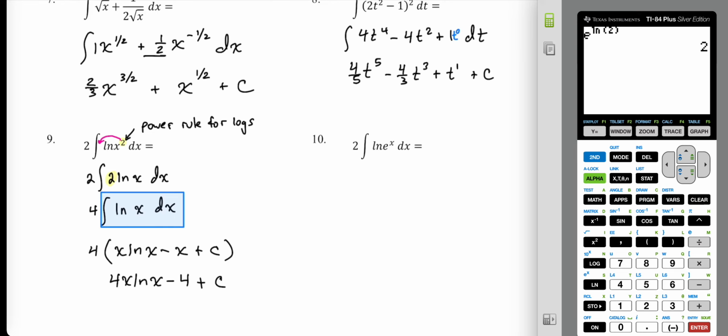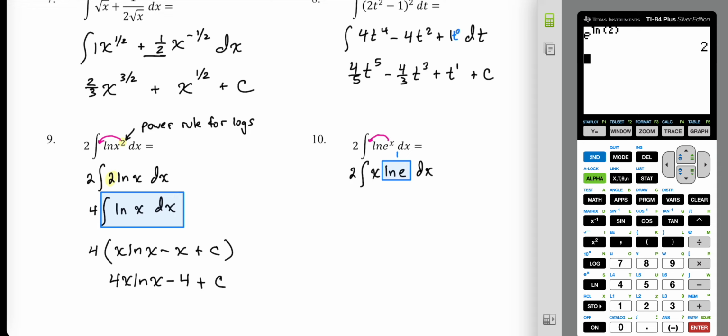Now, the last one's actually pretty not bad because we still have that power rule for log thing going on. The exponent could become the coefficient. There's also a way around that if you don't like that, but for now we'll just say this. The natural log of e is actually equal to 1.